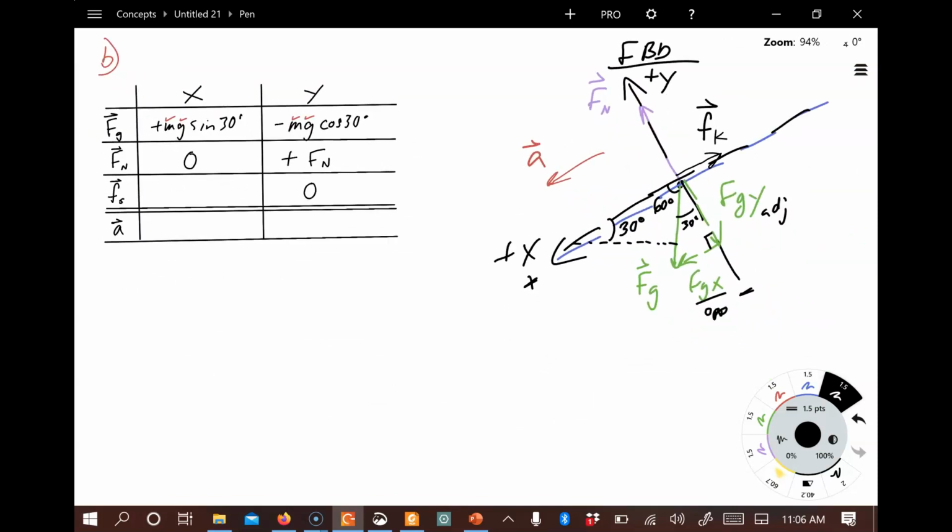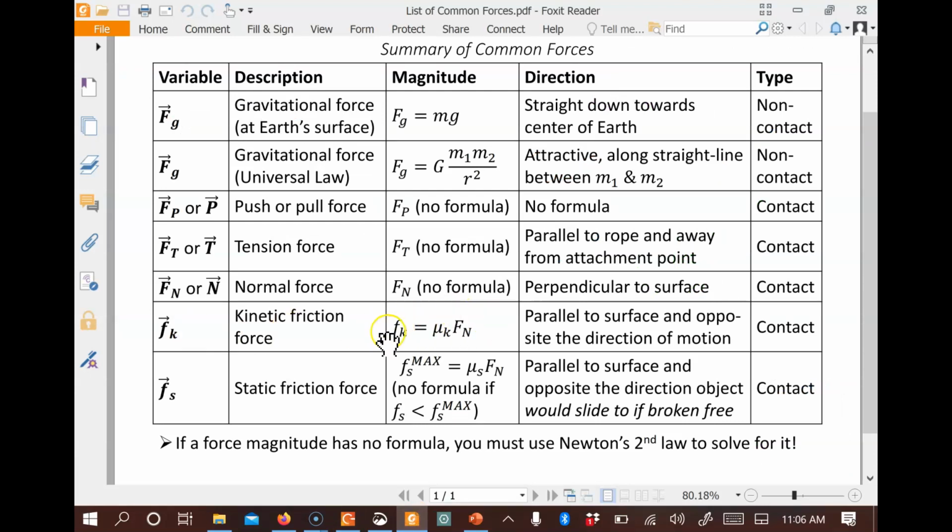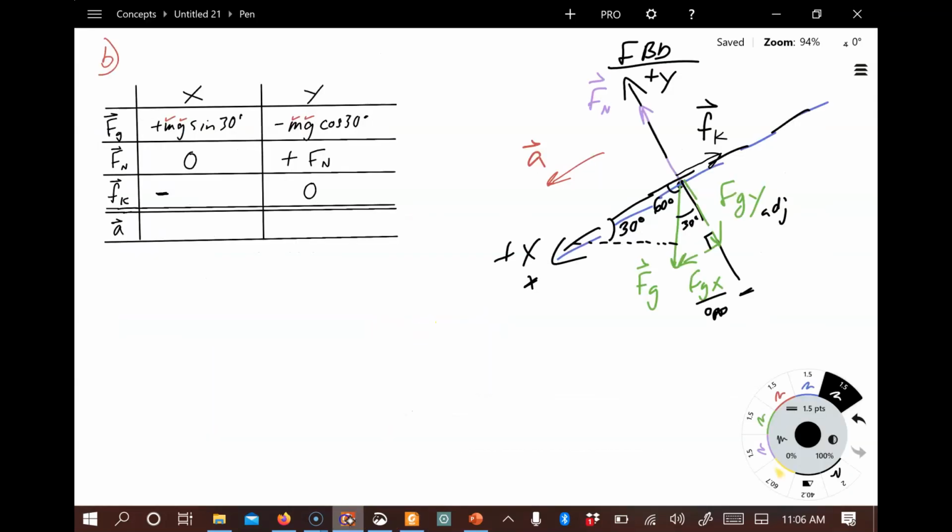So the kinetic frictional force here, slightly different number there, call it F sub k, and we can see that again it's going to be in the negative x direction, 0 in the y direction, and we have a formula for that. If we go look that up, turns out the magnitude is mu k times Fn, so we'll go ahead and put that in there. All the magnitude in the negative x direction.